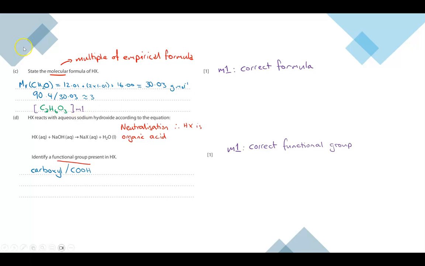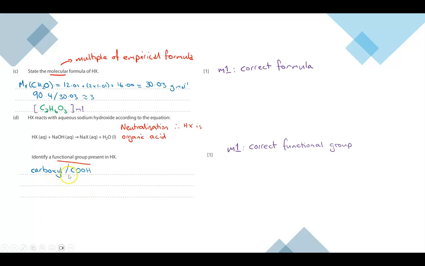Now, if you have a look up here, there is another O, right? But there's only one other O, so that means it's not diprotic. We know it's not diprotic as well because it's HX, not H2X. So there's another oxygen there, but we can't really determine what that is. It could be various things. So we just identify the carboxyl, the COOH.